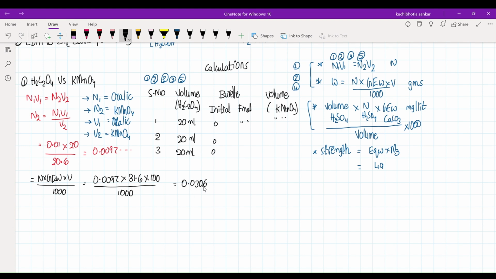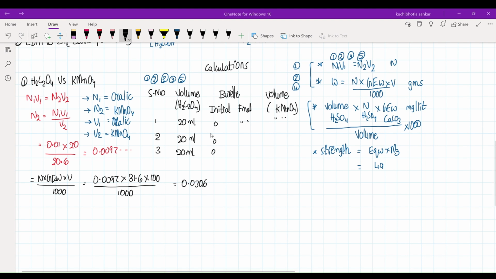0.0306. We should get something like that. Let's see. Okay. 0.0097 times 31.6. These are the constants that you need to remember. And 100.